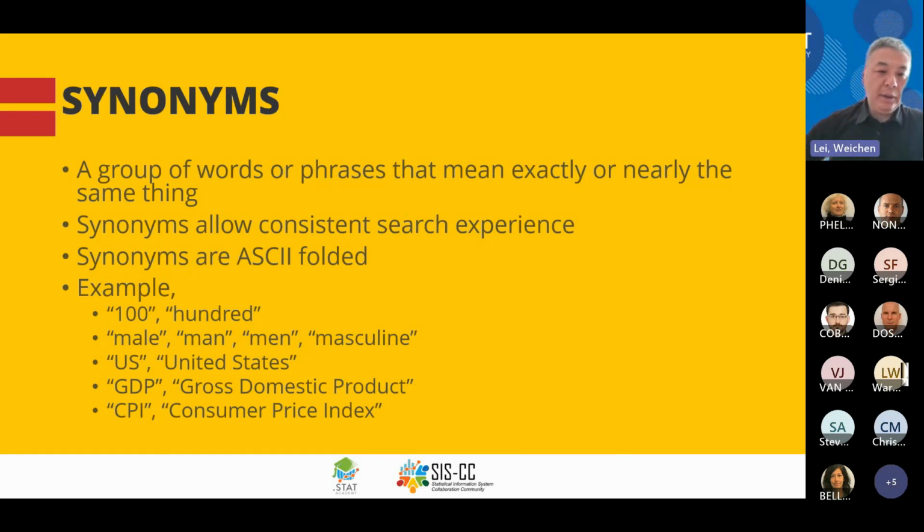And also in the enhancement, the synonyms are ASCII folded. What ASCII folded means is that, for example, in French you have a lot of words with French accents, or in Spanish you have words with Spanish accents, and with ASCII folding you are able to allow users to search those accented words in specific languages without actually typing the accent characters.